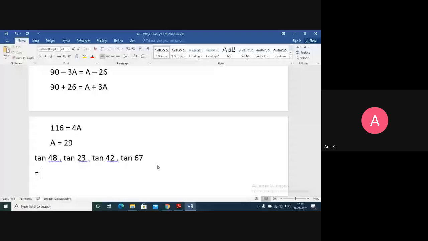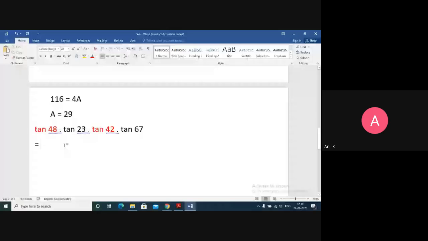Now here a few terms I have to convert and a few terms I have to keep as they are. Tan 48, I'll convert this tan.